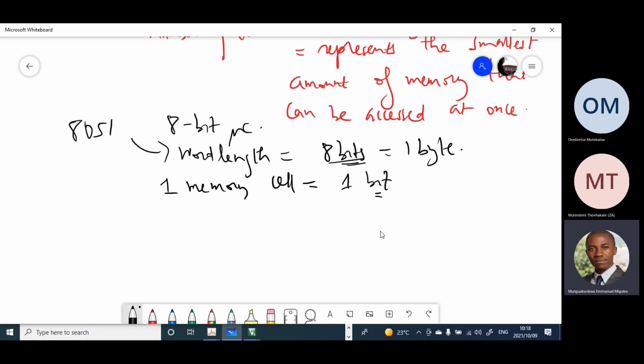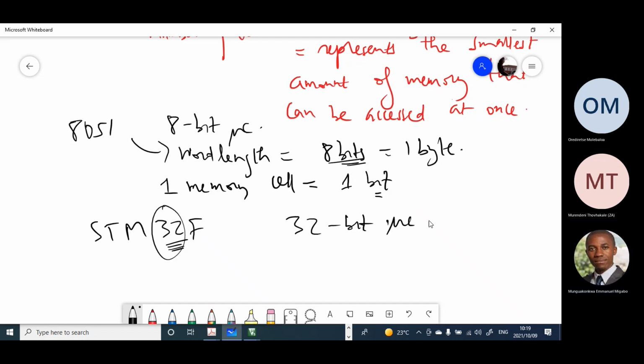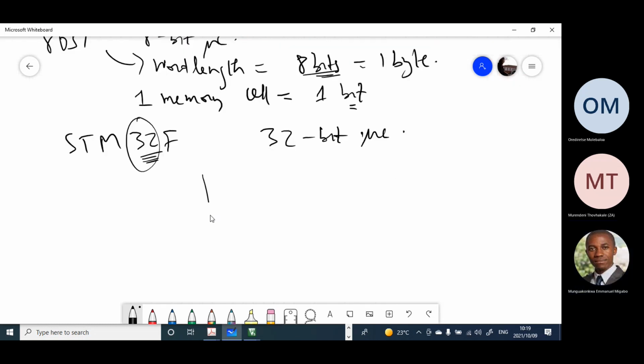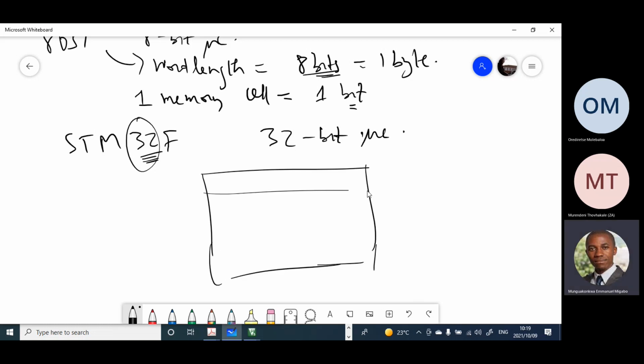Okay. So the microcontroller we are using here is the STM32F. The 32 part shows that this is a 32-bit microcontroller. The number of addresses, we'll look at as we study the architecture of the microcontroller itself. That's the number of rows.